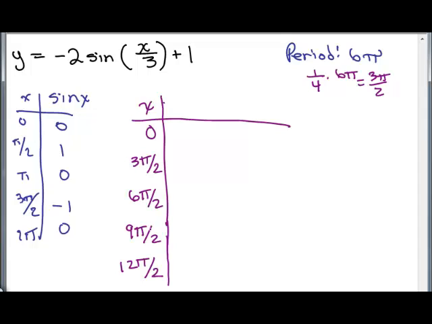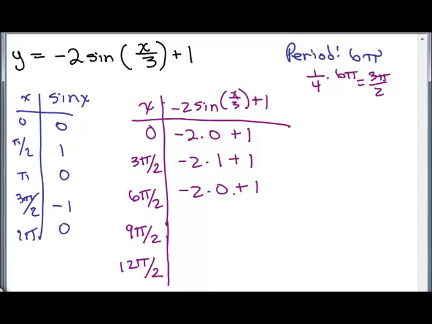Now what happens with the y value? How does that get changed? Well, what are you doing with the y values for the sine? If you know what the sine of 0 is, here you're doing negative 2 times that number and then adding 1. So to do negative 2 sine of x over 3 plus 1, we're doing negative 2 times 0 plus 1, negative 2 times 1 plus 1, negative 2 times 0 plus 1 again, negative 2 times negative 1 plus 1, and negative 2 times 0 plus 1.